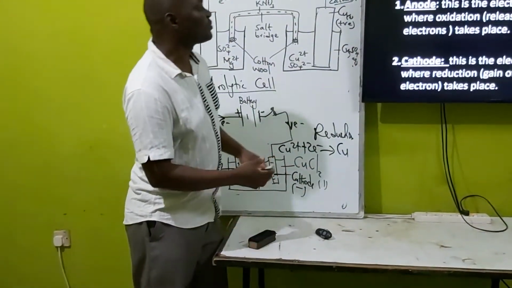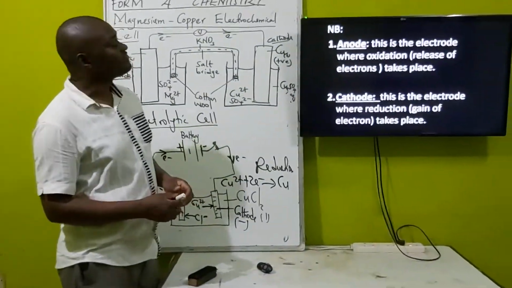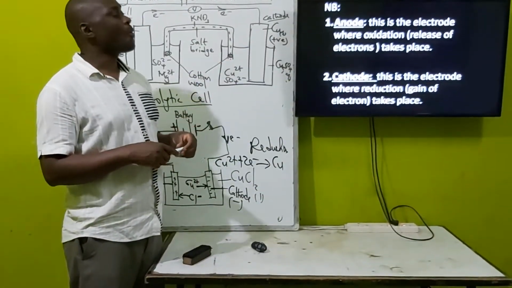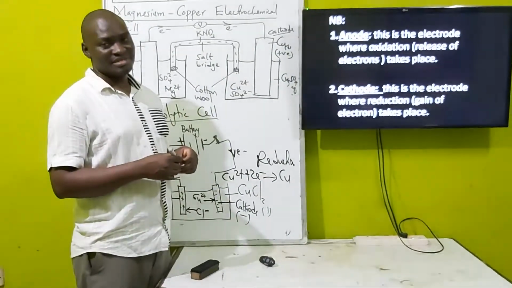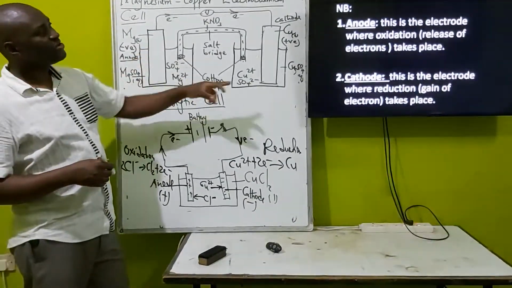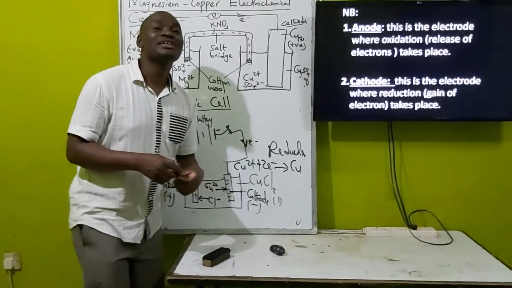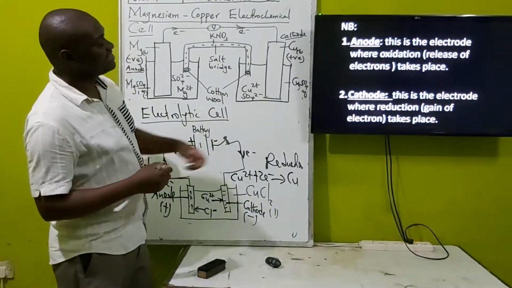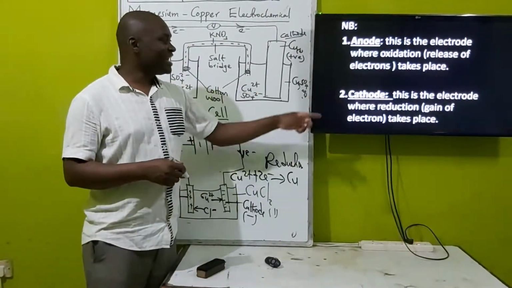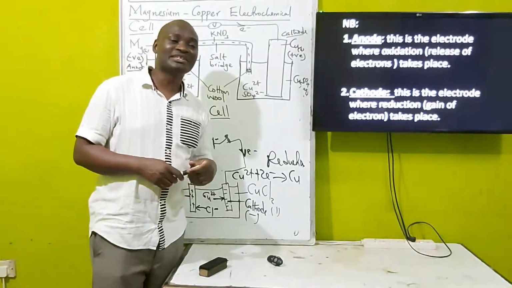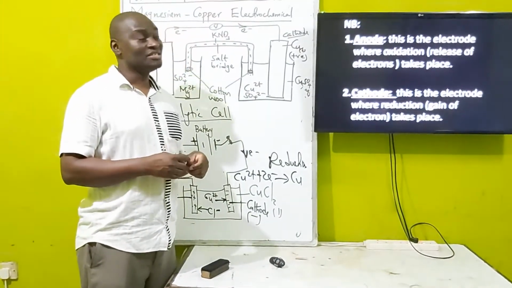When we come to the differences, the first one: the anode is the electrode where oxidation, or release of electrons, takes place. The cathode is the electrode where reduction, or gain of electrons, takes place.